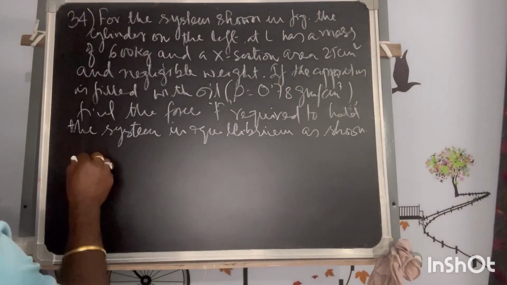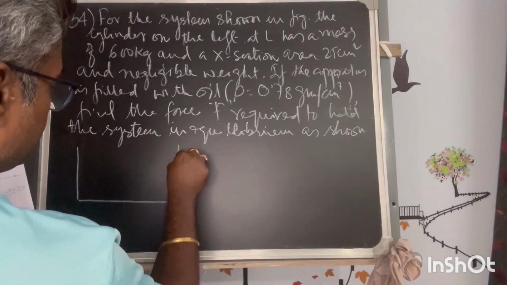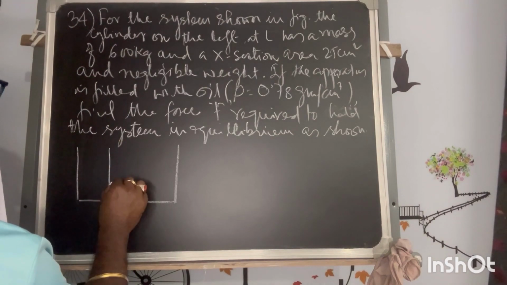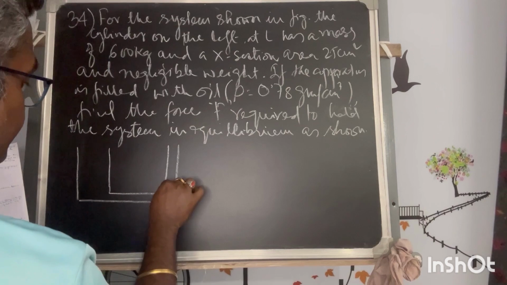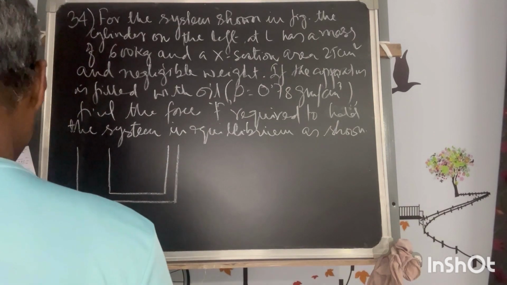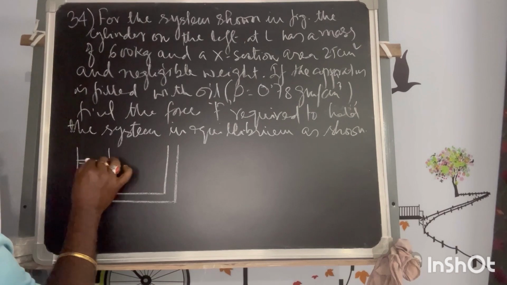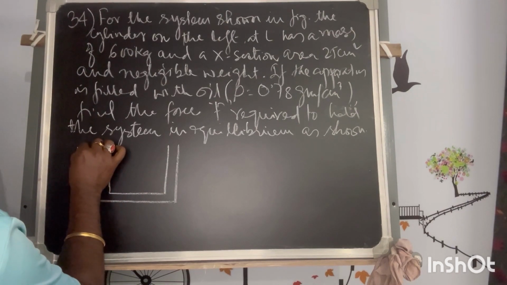Okay, let me show you the picture. This is an arrangement, an apparatus, you can say. It has two legs. One has a bigger cross section, the other a smaller cross section. There is a piston on which a load is kept.